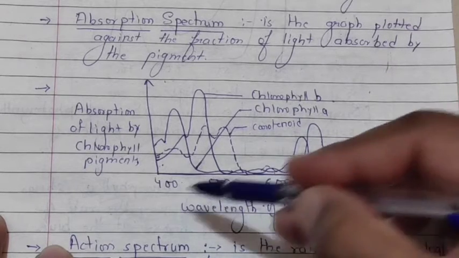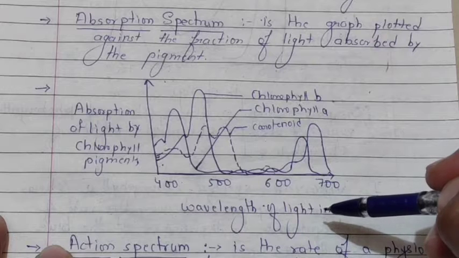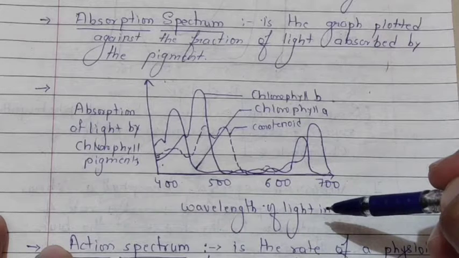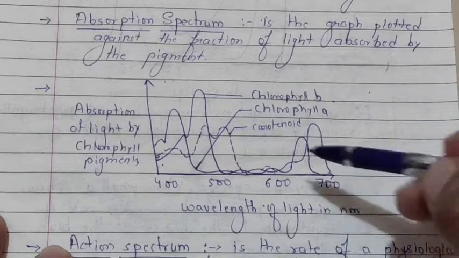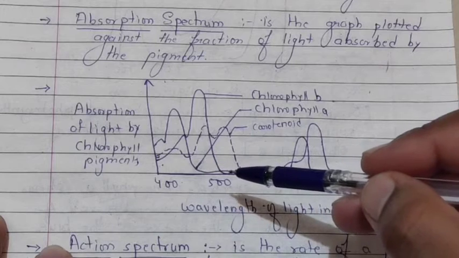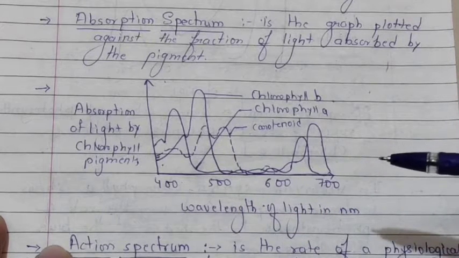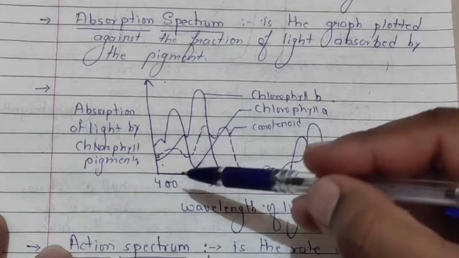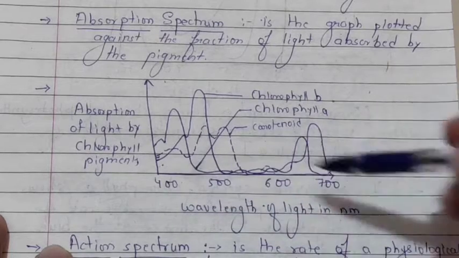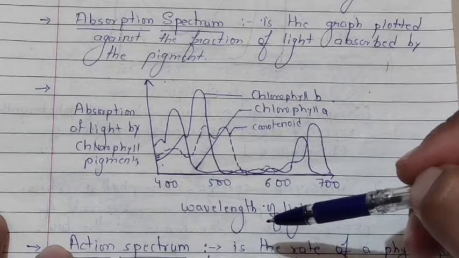And those colors, in short form, are known as VIBGYOR, which we have seen in our previous video: violet, indigo, blue, green, yellow, orange and red. That falls in this particular range of wavelength, right?